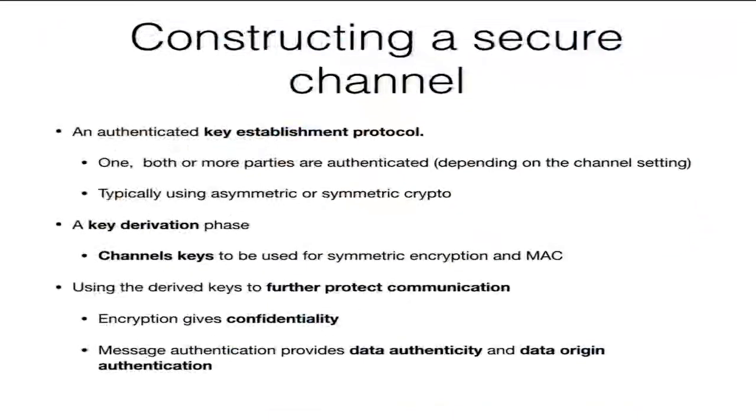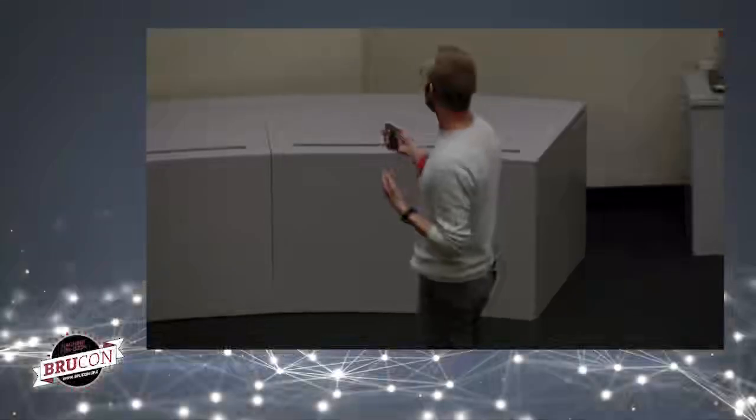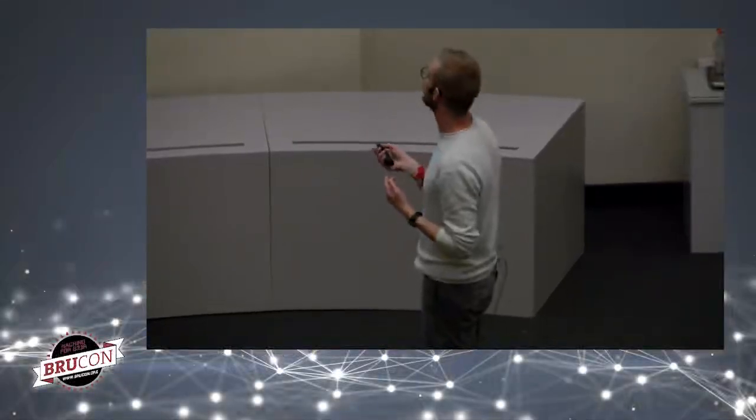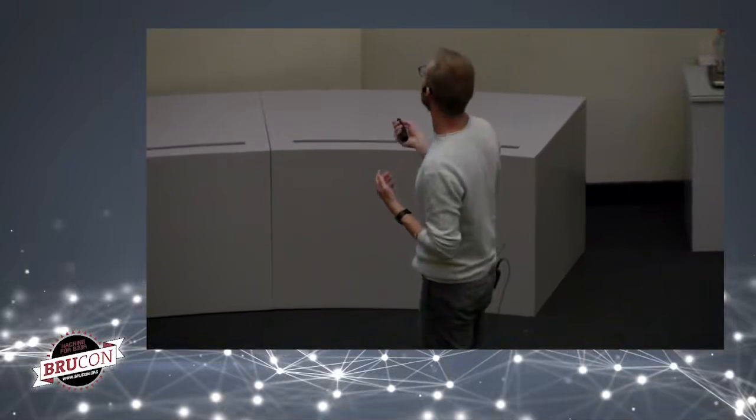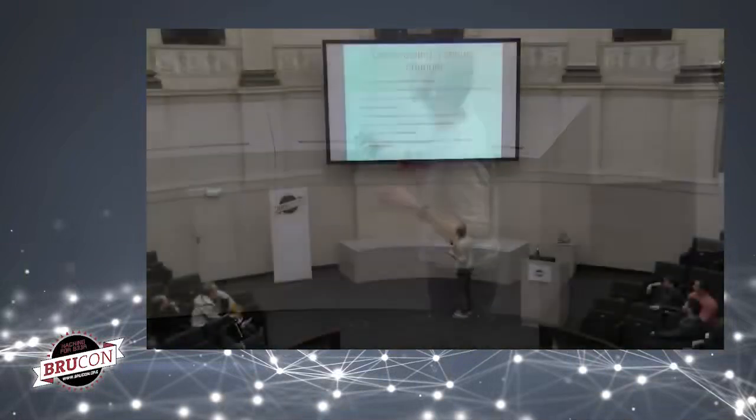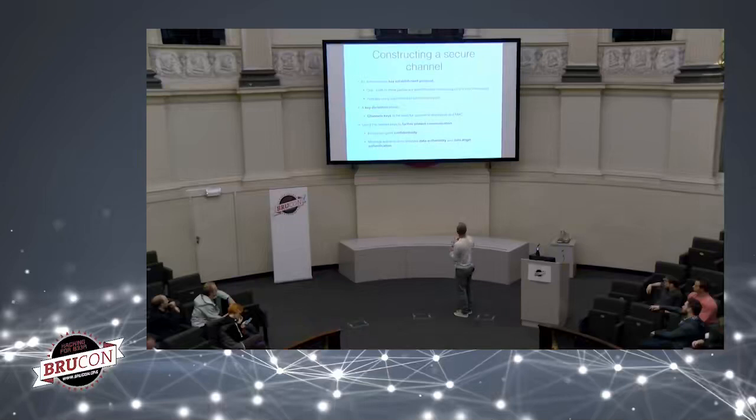And then obviously a third phase will be we need to have some sort of a system construction in place to actually encrypt and secure the data being transferred over each other. So again, encryption will provide us confidentiality, and then somehow we need to have data authenticity, which will be done by a MAC, for example. So we need to have data authenticity and data origin authentication, which, if we are using an authenticated key exchange, will often be the case.